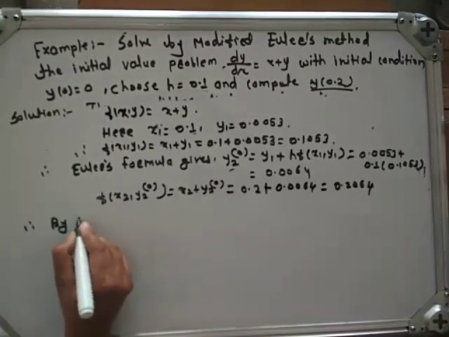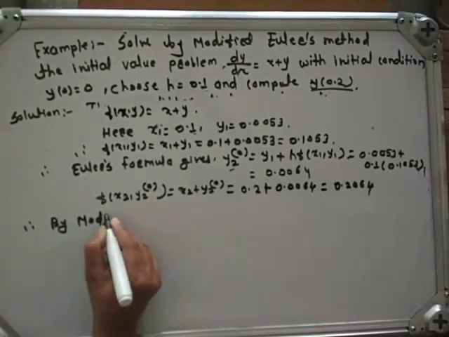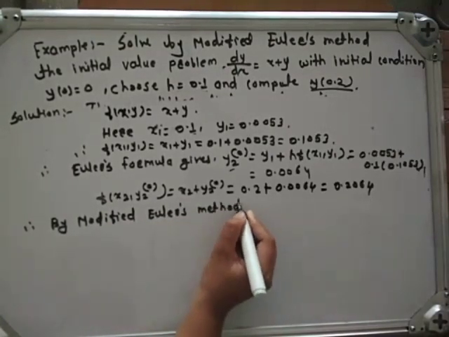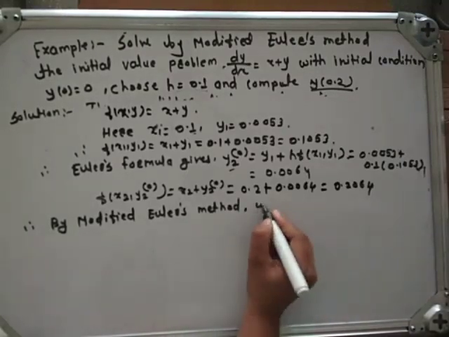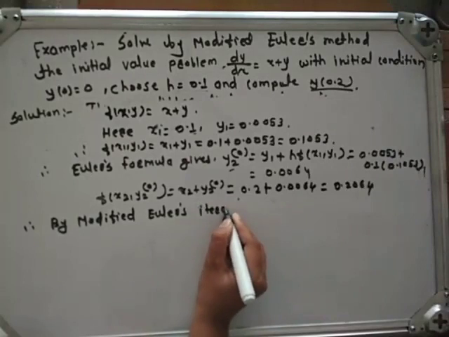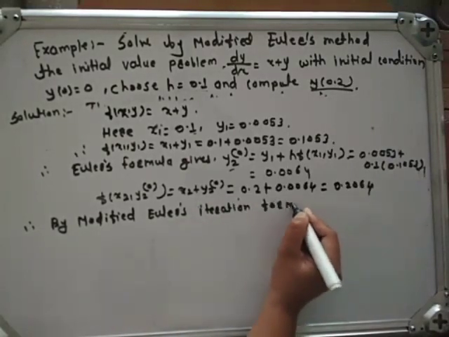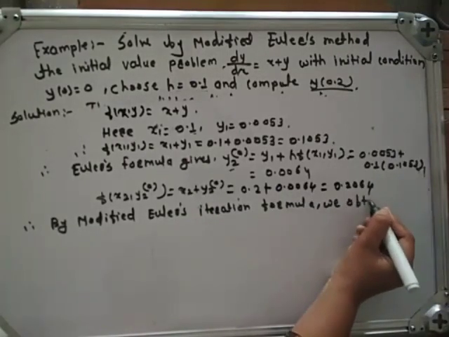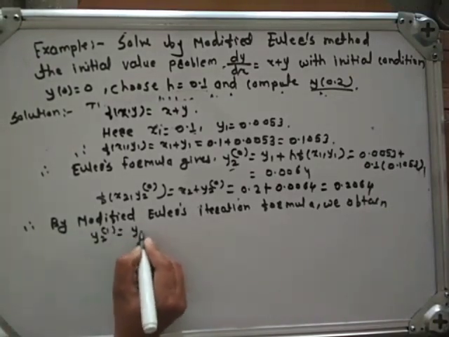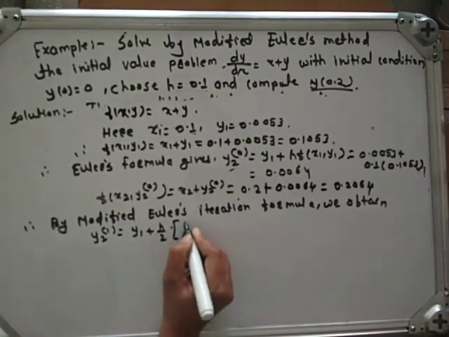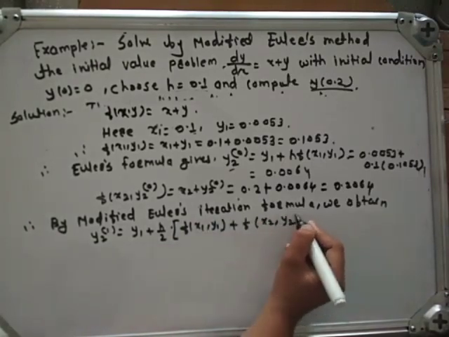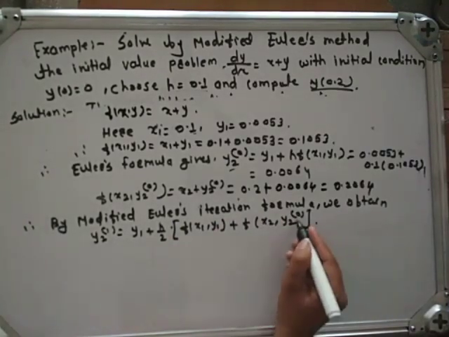Therefore, by modified Euler's method, we obtain the iteration formula. y2 1 is equal to y1 plus h by 2 into f of x1, y1 plus f of x2, y2 0.